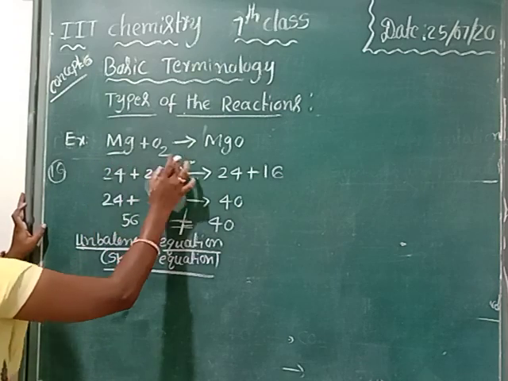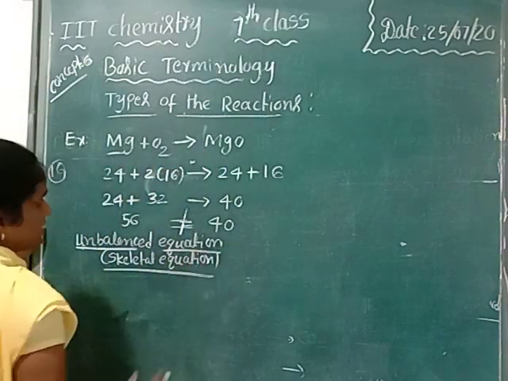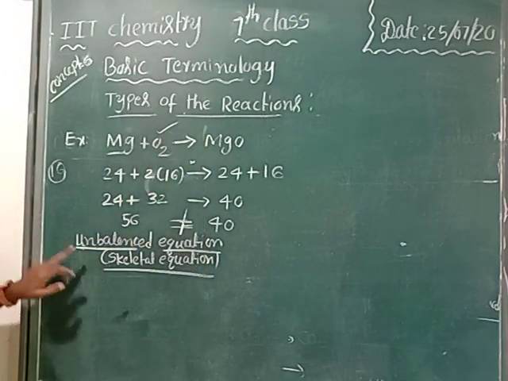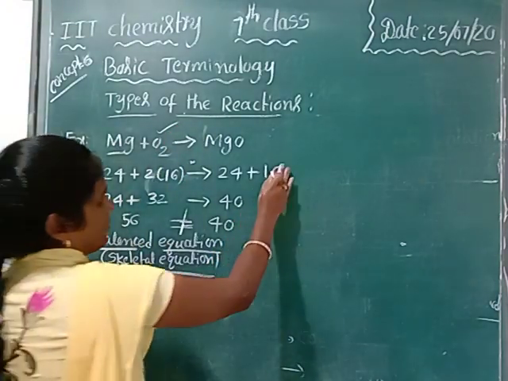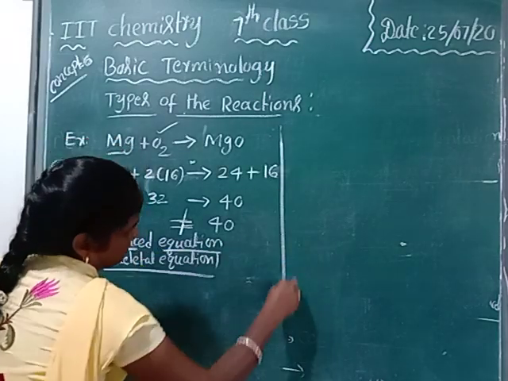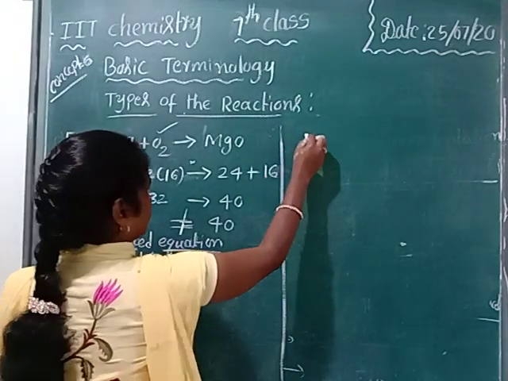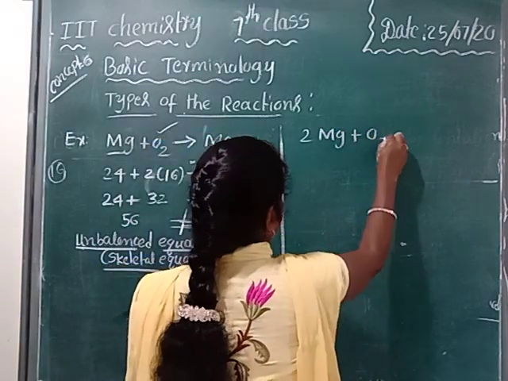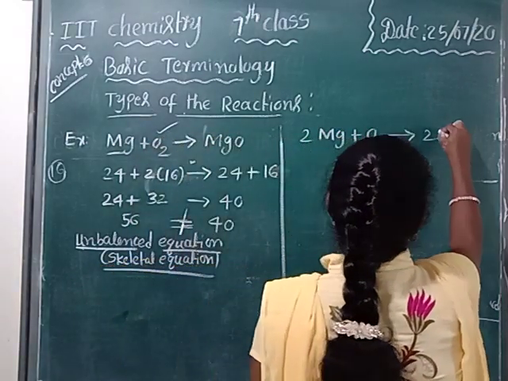So this equation is called an unbalanced equation. Another name is skeletal equation. Next we take the same example: Mg plus O2 gives 2 MgO.